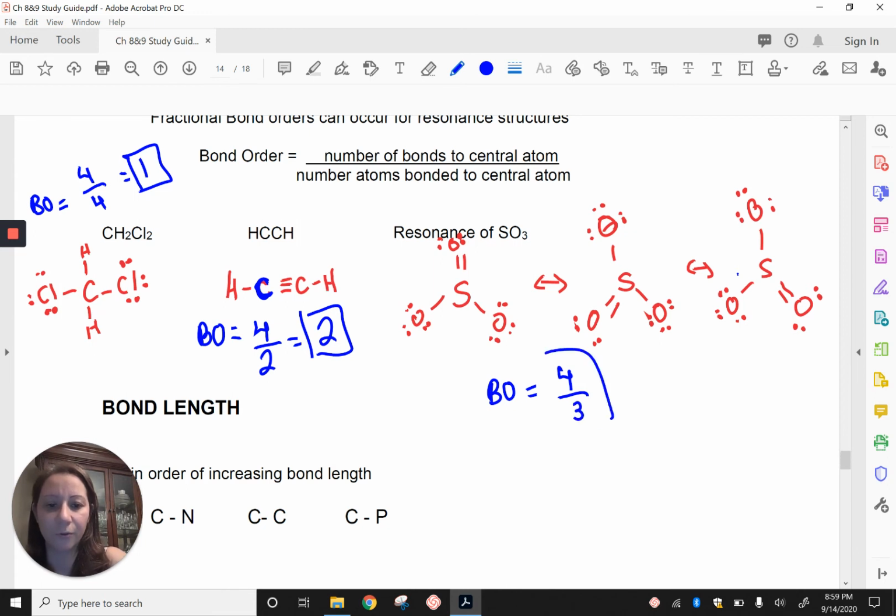So 4 over 3 is our bond order, which is a fraction, and that's fine, or 1 1/3. So what that means is that the average is a bond and a third, which in this case, remember that all of these are equivalent. It's not a double and 2 single bonds. All of them are actually a bond and a third. All right, so that's bond order.